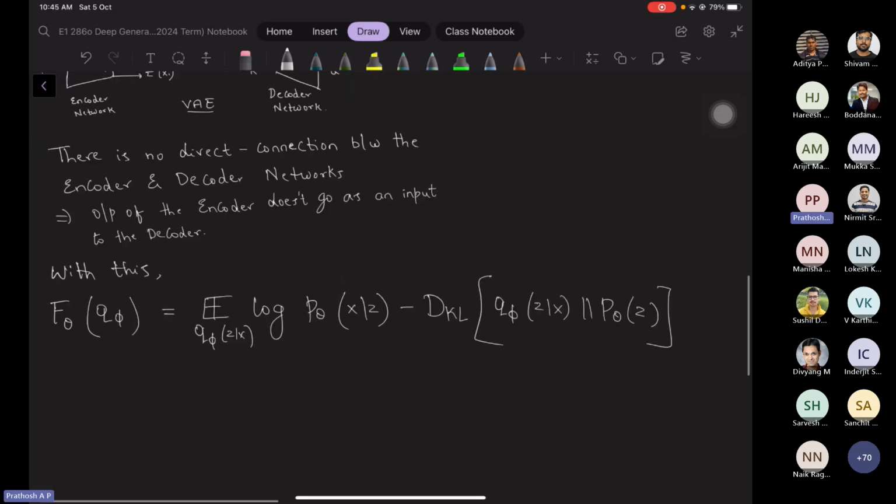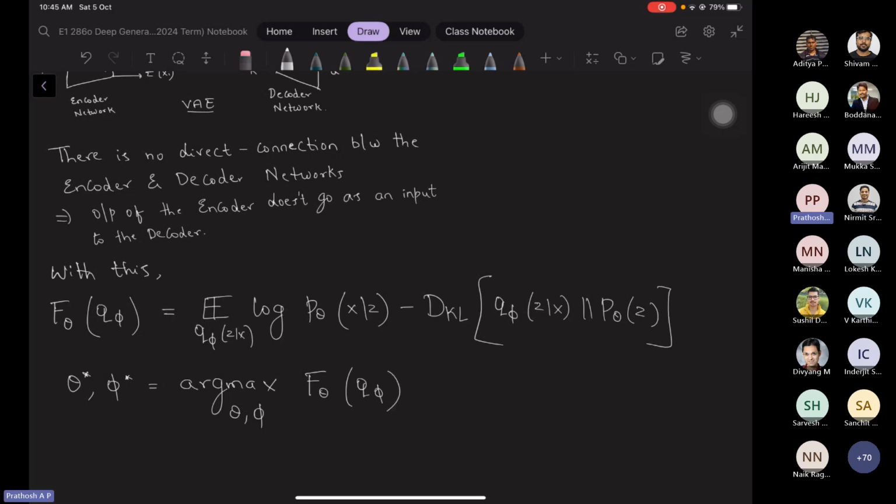Okay, this is what it is. What we should do is solve for theta star and phi star, that is what we need.